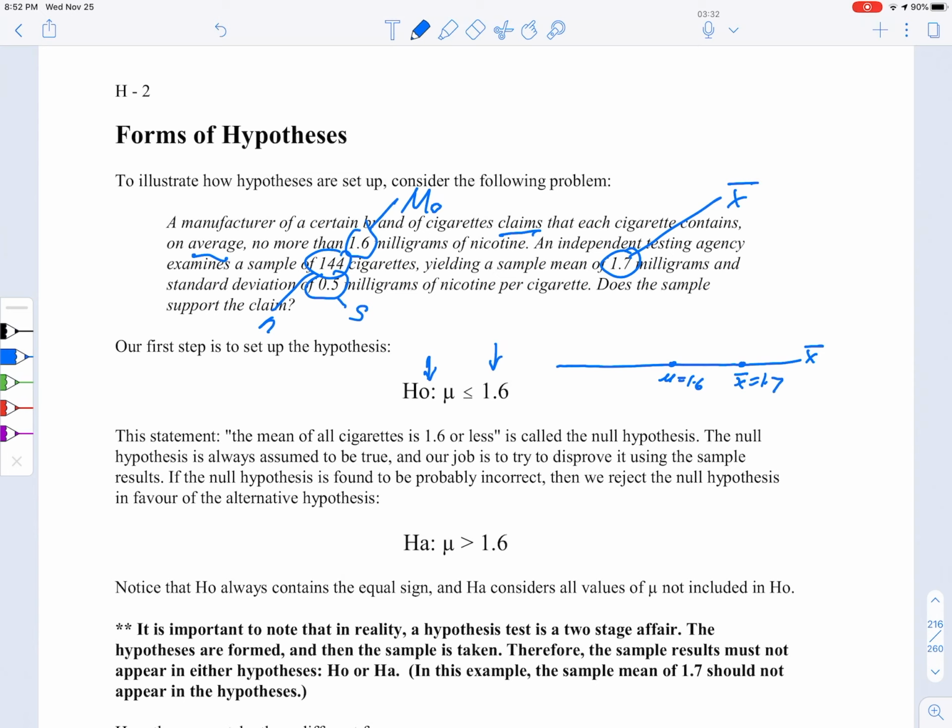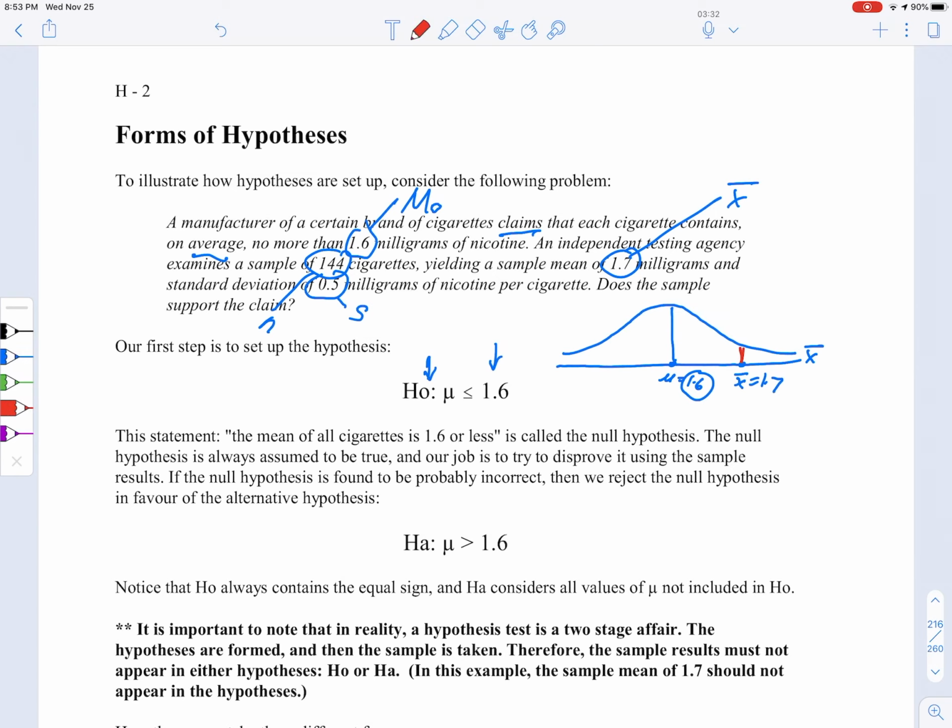Fortunately, in Unit E, what we learned about was the distribution of sample means according to the central limit theorem. According to the central limit theorem, the distribution of sample means is normal, and it's centered on the population mean, in this case 1.6, which is the standard, and there's a standard deviation, which is sigma over the root of n.